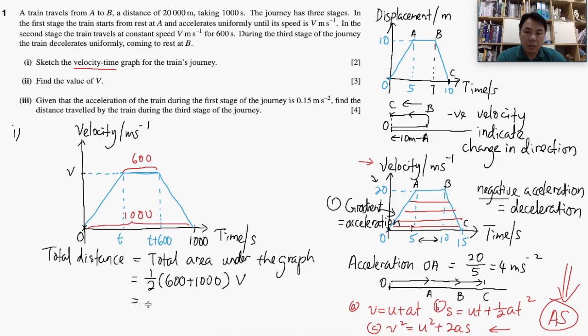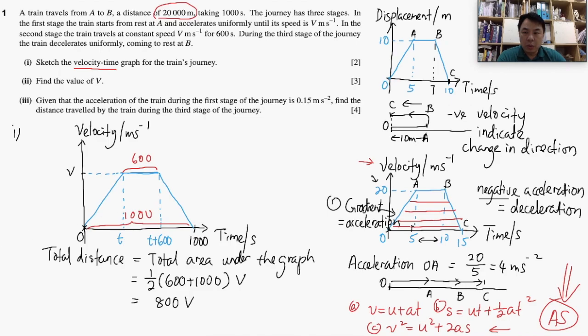Before we move on, we might want to simplify this. This is 1,600, so there will be 800v. Given this extra information, we know that the total distance traveled is 20,000.